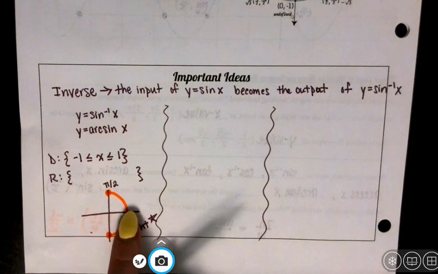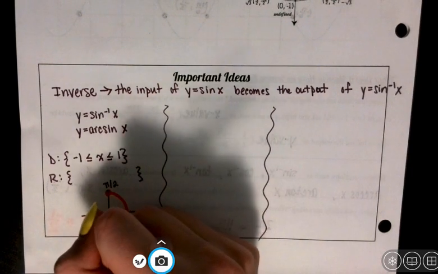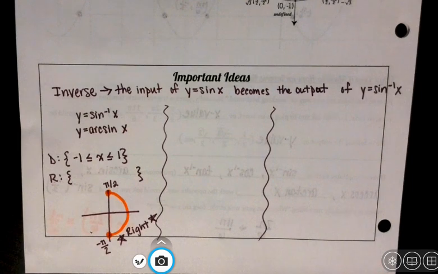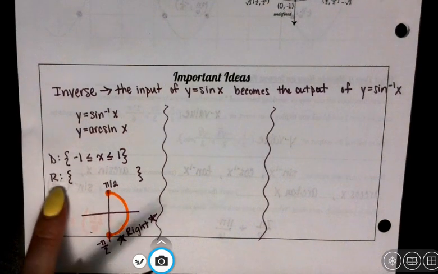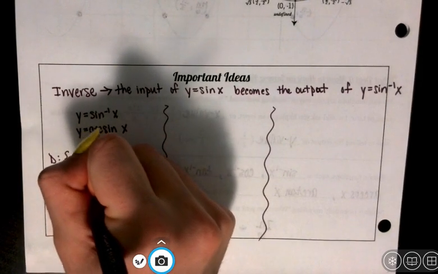But that is when we go around in a circle, and so we know that this angle could be written as negative pi over 2. And so those values are the values that our range is in between. So our range goes from negative pi over 2 up to pi over 2, and those values are included.